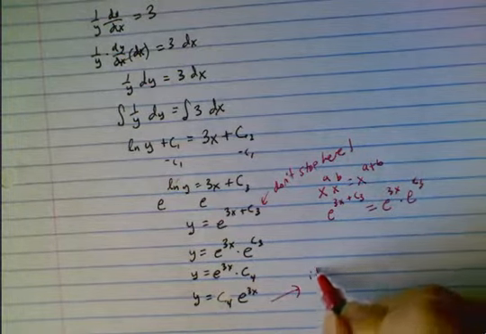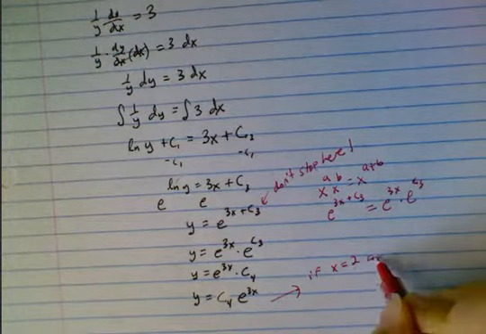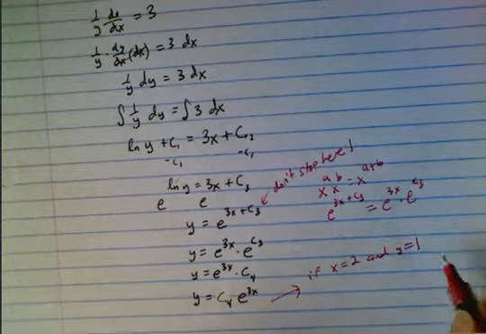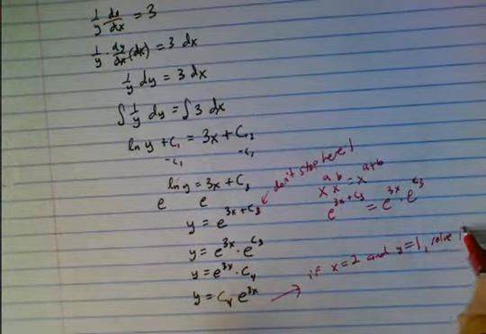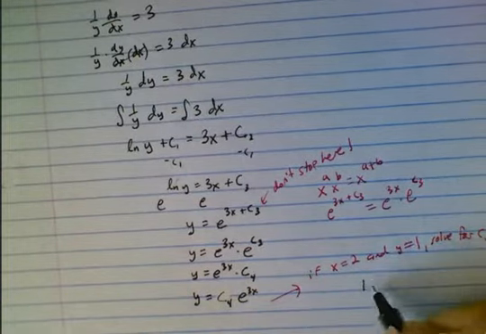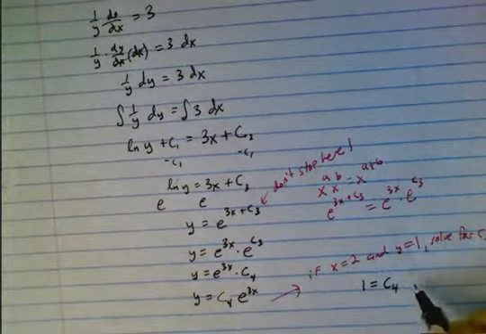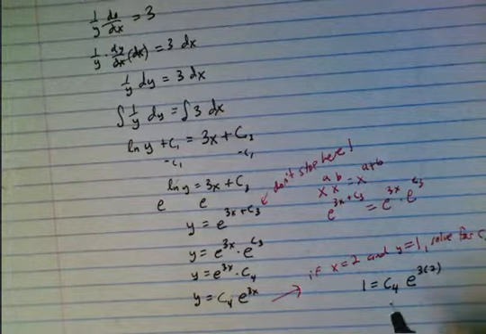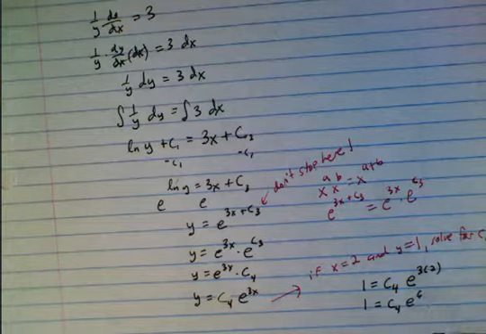Now, if x equals 2 and y equals 1, then we can solve for c. So 1 equals c4 times e to the 3 times 2. So 1 is c4 times e to the 6th.